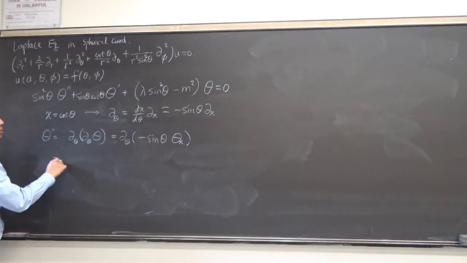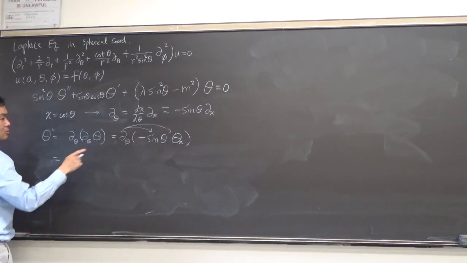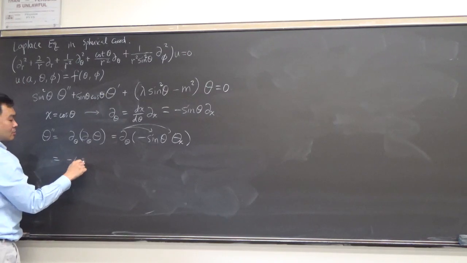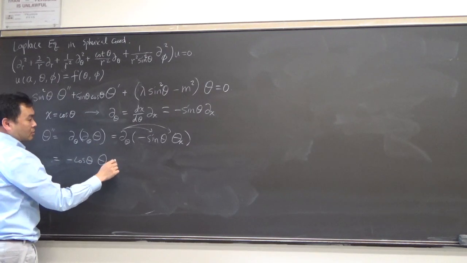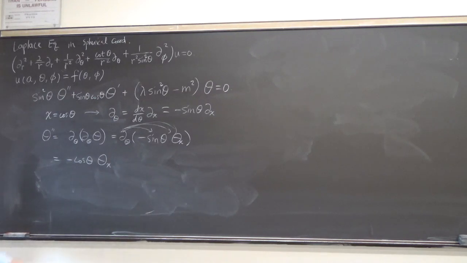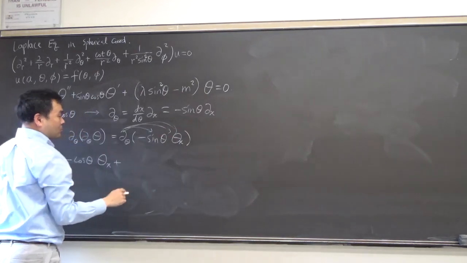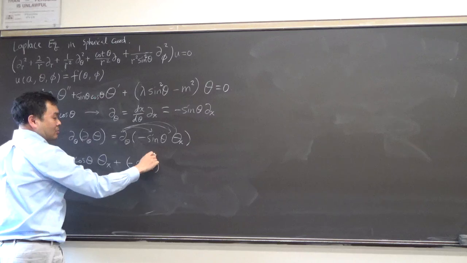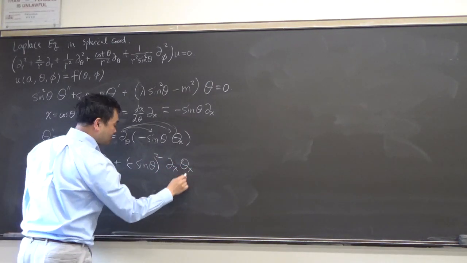But then if you differentiate using the product rule, differentiating negative sine theta gives you negative cosine theta, theta differentiated by x, and then differentiating this theta x by theta is the same as that, so it's negative sine theta multiplied by negative sine theta and differentiation by x of theta x.